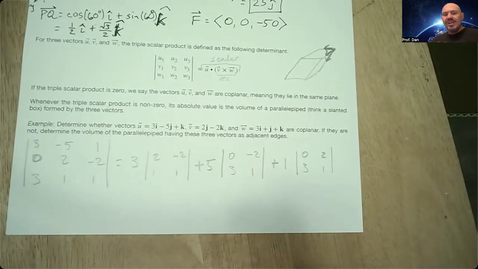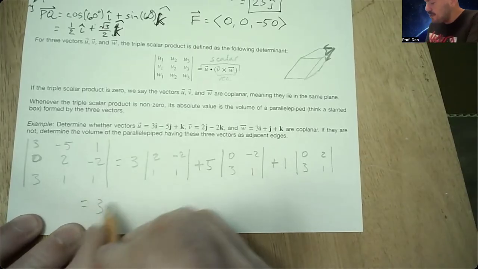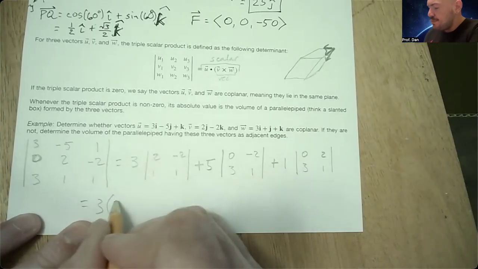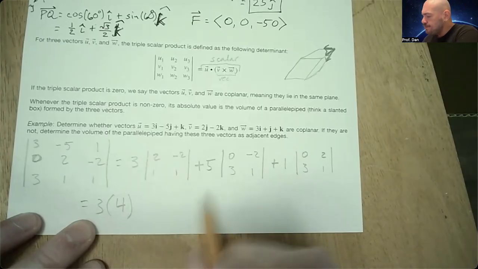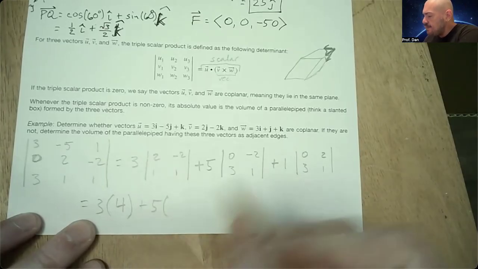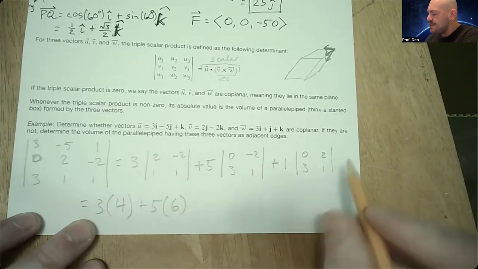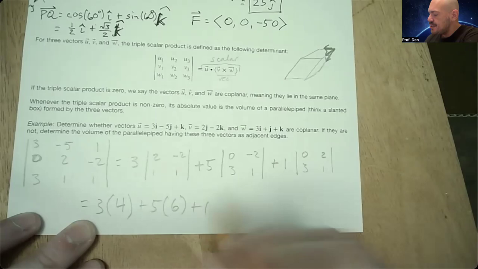Okay. So now computing all of these little determinants, we get 2 minus negative 2, that's 4, plus 5 times 0 minus negative 6, so 5 times positive 6, plus 1 times 0 minus 6.